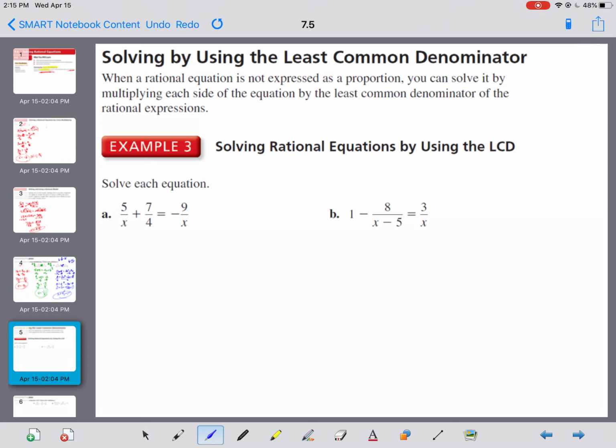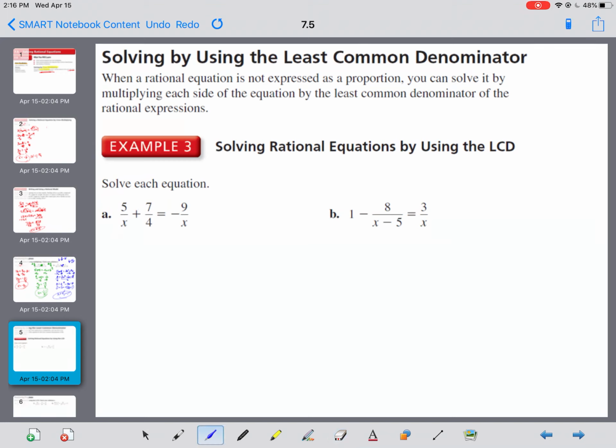Solving by using the least common denominator. When a rational equation is not expressed as a proportion, you can solve it by multiplying each side of the equation by the least common denominator. This is what we were talking about before. We get an expression that has denominators that are not all the same, and we need to get rid of them. Well, the 4 is missing an x, and the x is missing a 4.